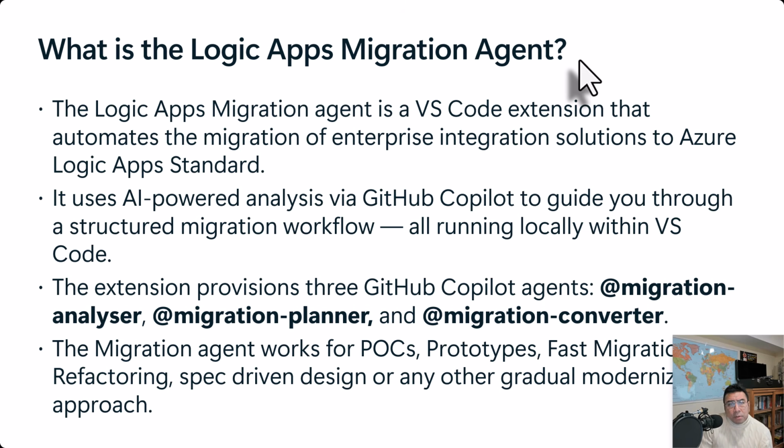It uses AI-powered analysis via GitHub Copilot to guide you through a structured migration workflow, all running locally within VS Code. The extension provisions 3 GitHub Copilot agents, one called Migration Analyzer, another called Migration Planner, and another called Migration Converter. The migration agent works for proof of concepts, prototypes, fast migrations, refactoring, spec-driven design, or any other gradual modernization approach.